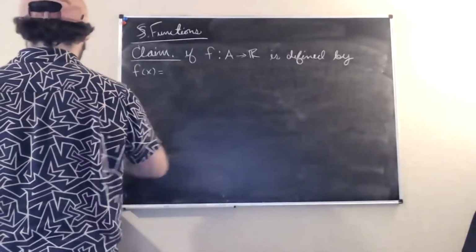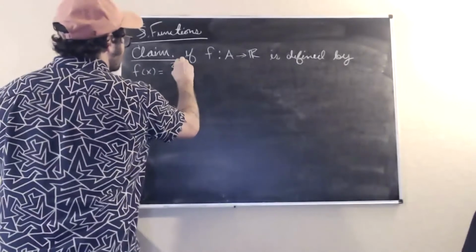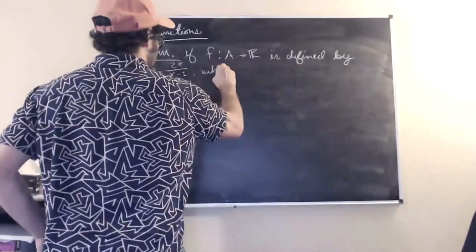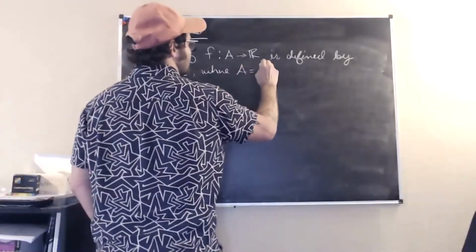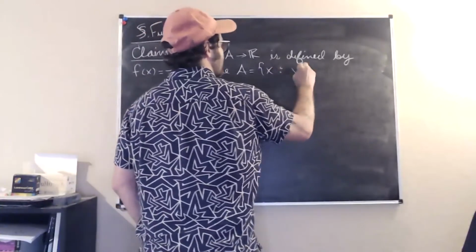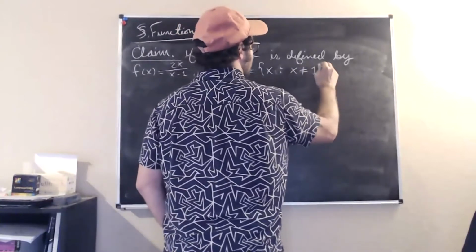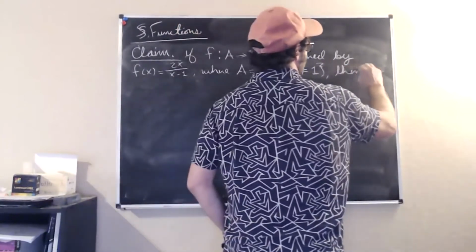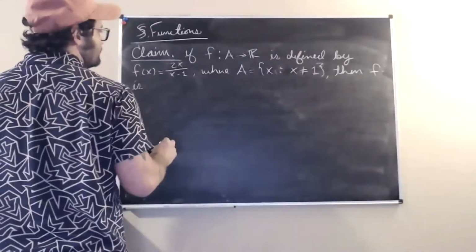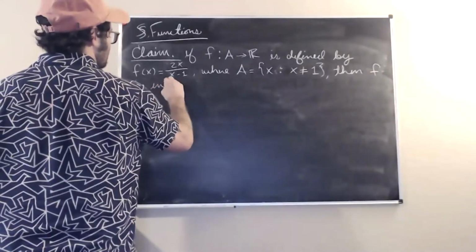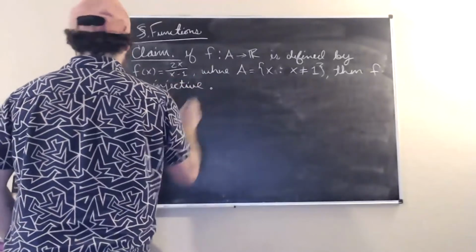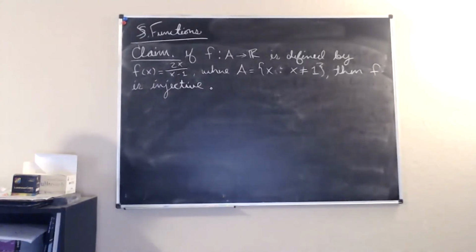I'll write it cleaner than that, maybe like this, x over x minus 1, where A is equal to the set of all x such that x is not equal to 1, then f is injective. So that's the claim.